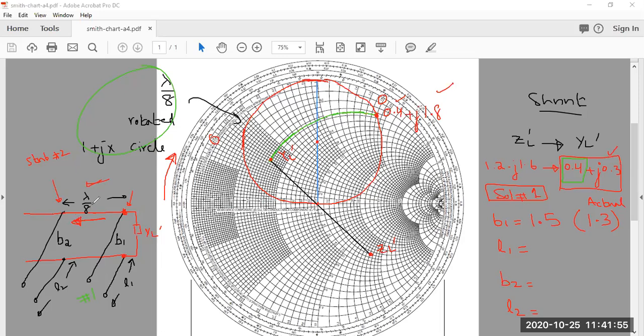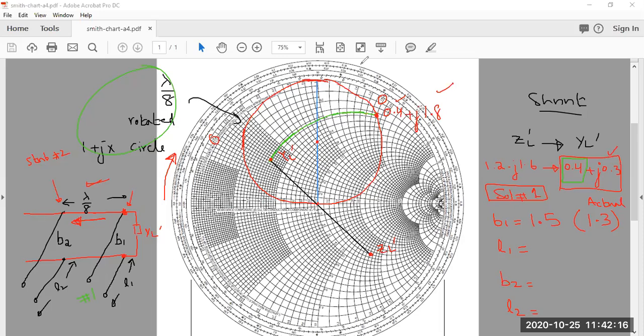Again, you can use whatever method you like, but the simple method is to draw an SWR circle.